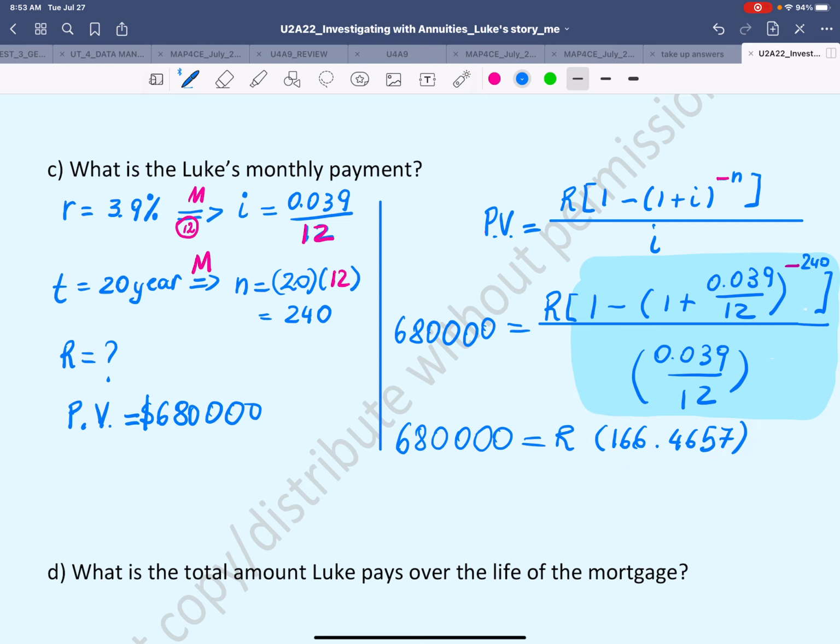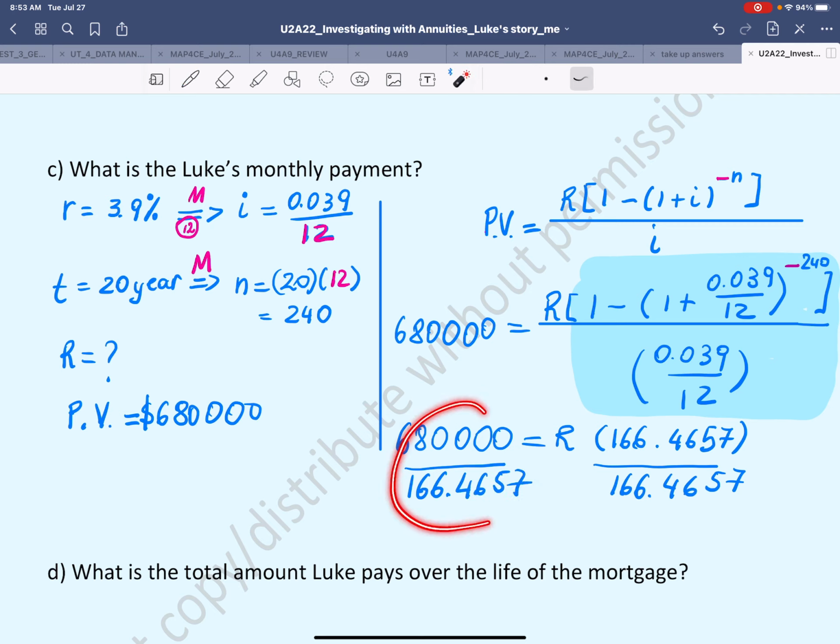And I know that to isolate R, I will have to divide both sides by 166.4657. So when I perform this division, I start off by typing 680,000 and then divide.